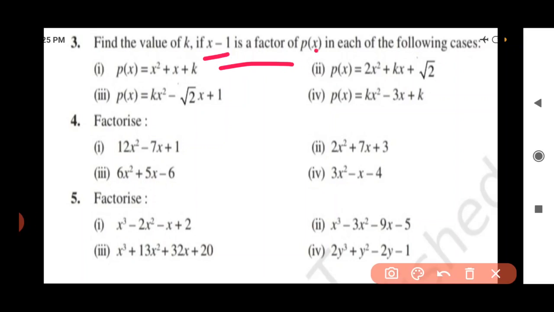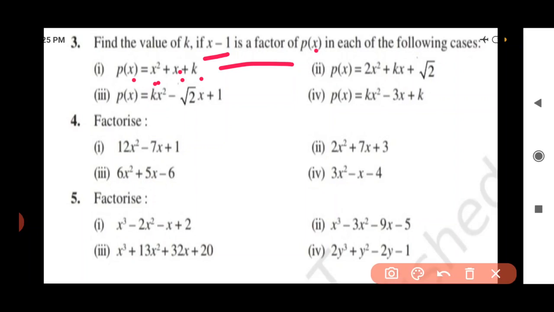That means p of x is equal to 0 when x is equal to 1. So p of 1 equals 0. Put x is equal to 1: 1 squared plus 1 plus k equal to 0. So 1 plus 1 is 2, 2 plus k equal to 0, then k is equal to minus 2.